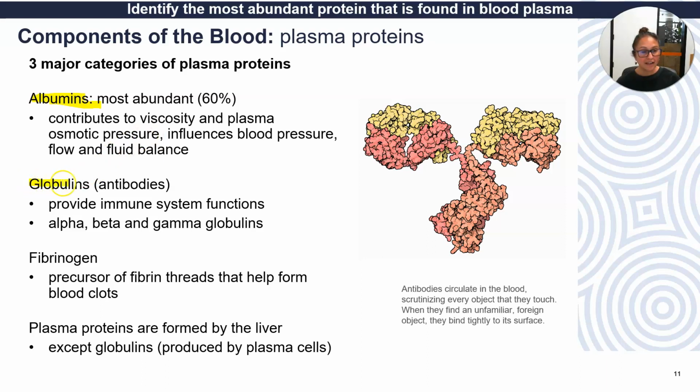We also have antibodies, and here is a picture of an antibody. And we're going to learn about antibodies when we look at the immune system. And there's also another protein here that's present in the plasma in our blood, and that's called fibrinogen. Now that is important for when we want to make a blood clot.